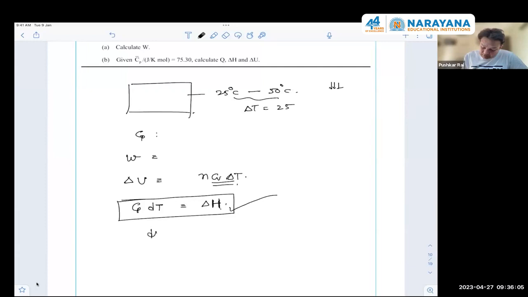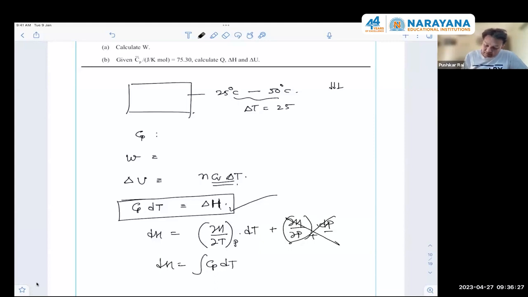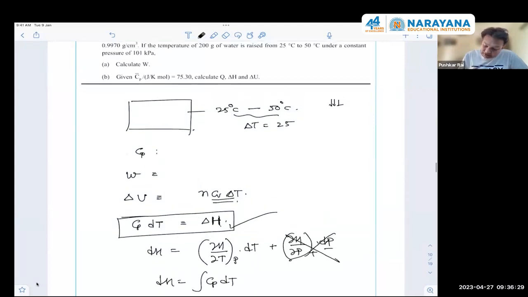Because we know dH is equal to del H by del T at constant P into dT plus del H by del P at constant T into dP. Now if P is constant, then this is going to vanish. So dH is equal to Cp dT, and delta H can be easily calculated as the integral of n Cp dT.